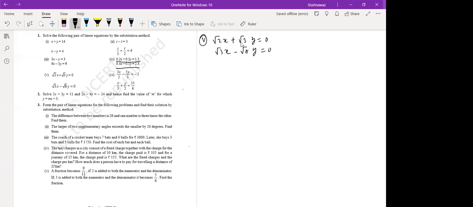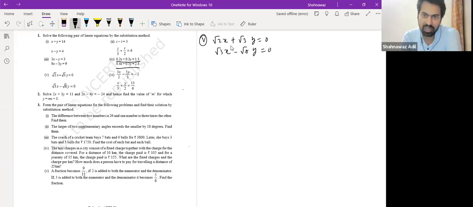So we can calculate the value of y from here. This is the first equation, this is the second. What would be y from the first? Root 2x plus root 3y is 0.